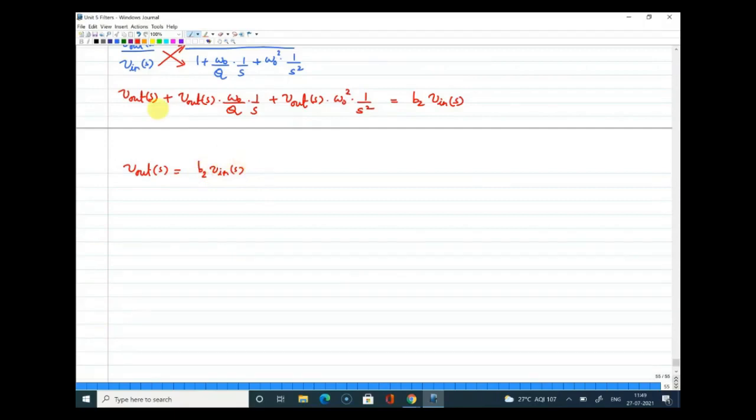So I'm not taking V out as common from the three terms. Instead, I am keeping only the V out of s term here and taking all other terms to the right hand side. So it is minus omega naught by Q into 1 by s into V out of s minus omega naught square into 1 by s square into V out of s. This is the expression I have here.